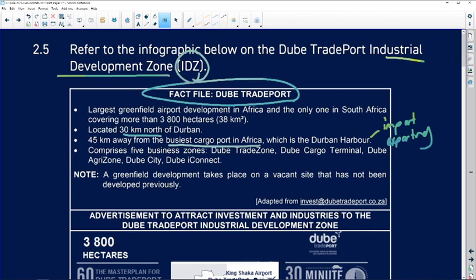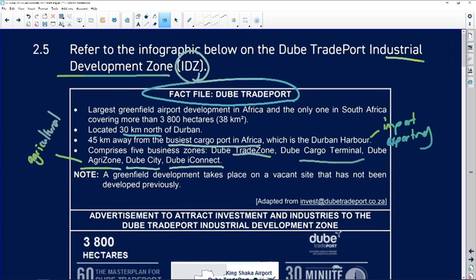Okay, we have different business zones. We've got a trade zone, we've got a cargo zone, we've got an agri zone that deals with agricultural products. And then we've got Dube iConnect and the Dube City. So that's where we have services.